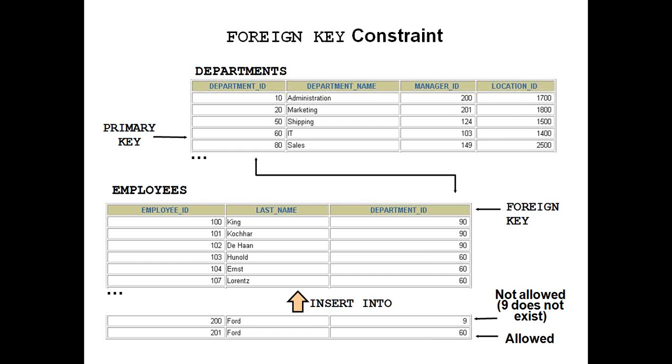For example, if I am changing the employee name in the employees table, it won't have any impact on the departments table. Department table will remain as it is. Only if I am changing something like the department number in the employees table, then it will have a direct impact on the foreign key table.